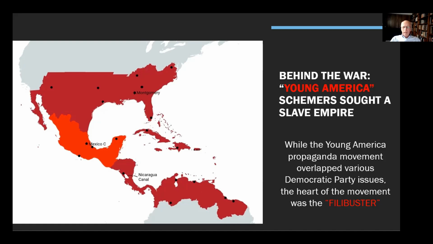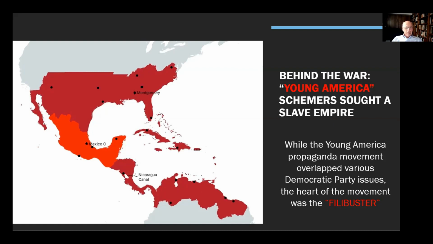It doesn't mean a speech to tie up the Congress. That was used later for that meaning. In those days, it came from the word freebooter, a Dutch word meaning pirate. And it was people who had a private army, mercenaries or adventurers, to go invade primarily Latin America. That's what it was about.